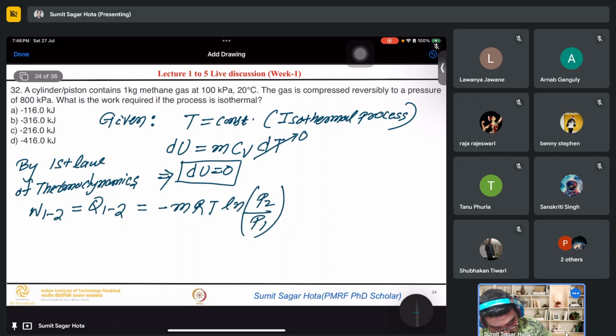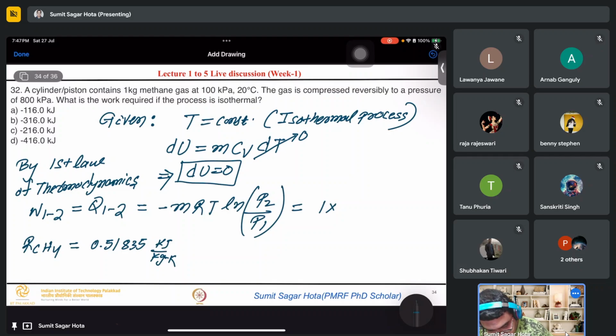Okay, so what is the mass given in this question? 1 kg. R, you have to write down for CH4, methane, it should be given in the question also: 0.51835 kilojoule per kg Kelvin.